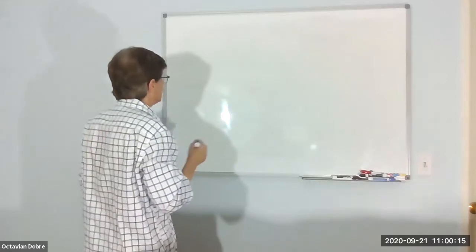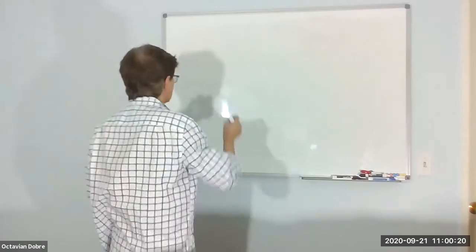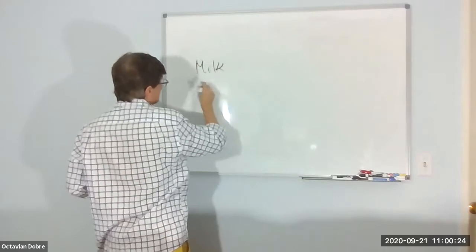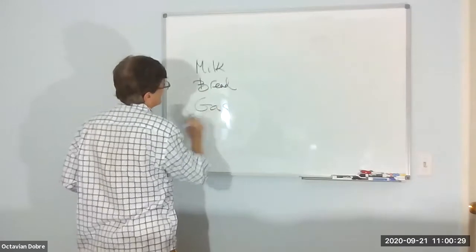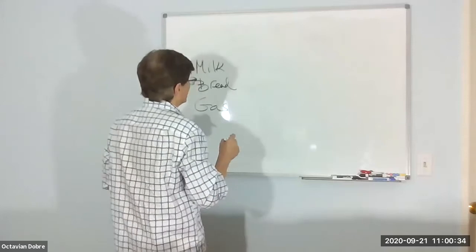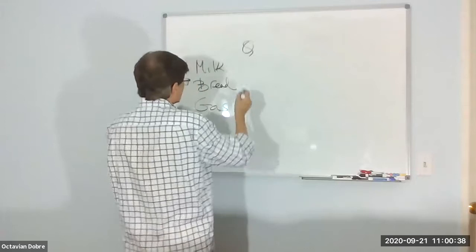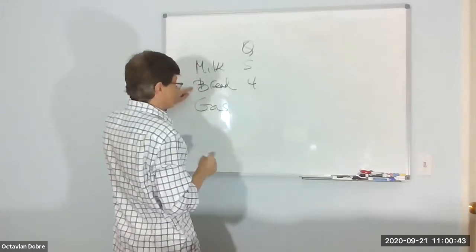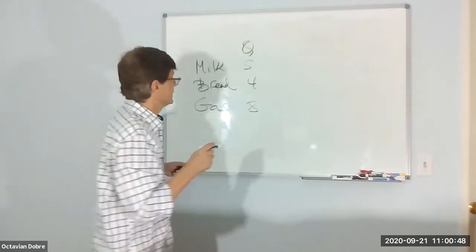I'm going to make a CPI for, let's say, our consumption consists of 3 goods: bread, milk, and gasoline. And let's say that the quantities that we're consuming are 5 gallons of milk, 4 loaves of bread, and 8 gallons of gasoline.